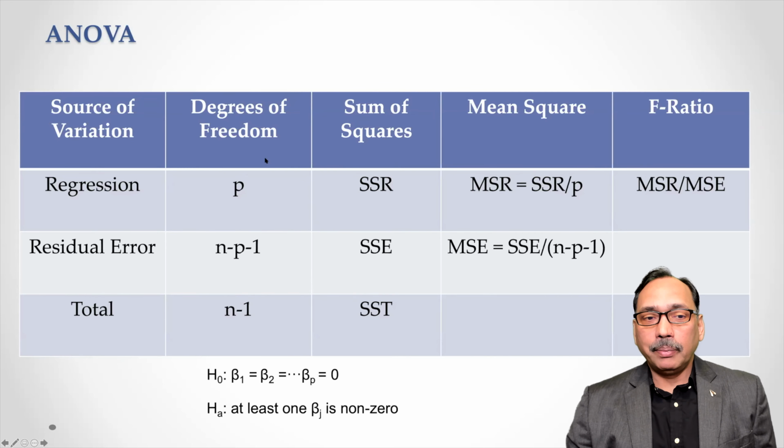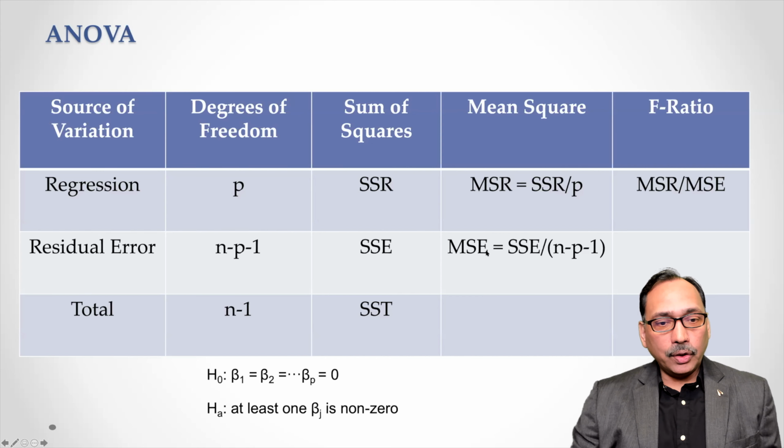But why do we do ANOVA for multiple regression, and why does it automatically give you one F statistic? This is the same thing that you get from the ANOVA table. The reason is that for multiple regression, you can have so many different independent variables.